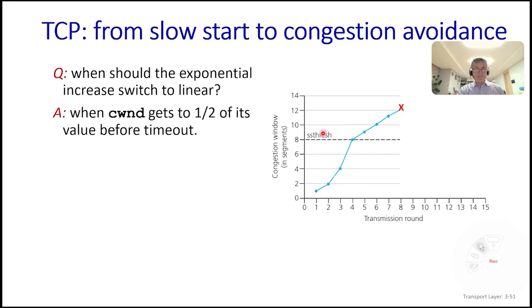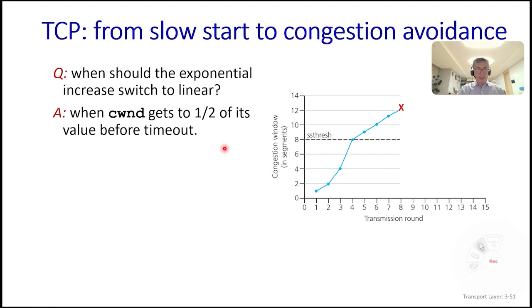So the question is, when should the exponential increase switch to linear? Exponential increase and then linear, so the slow start threshold is used.